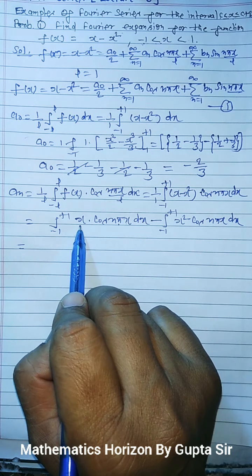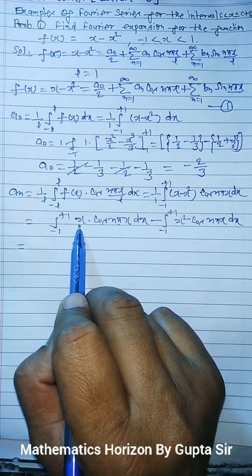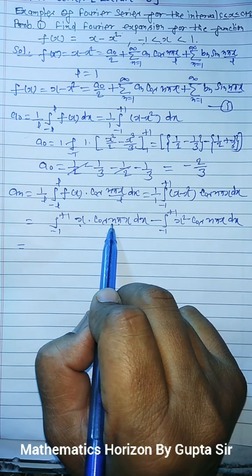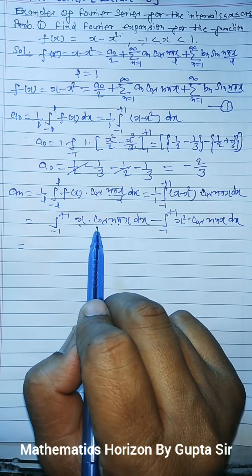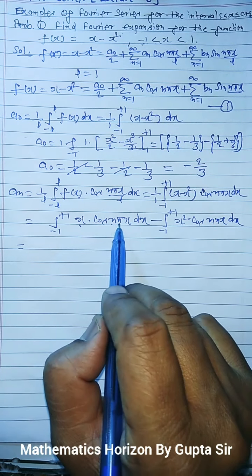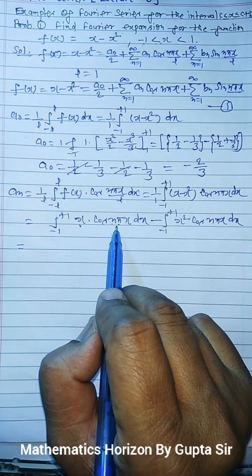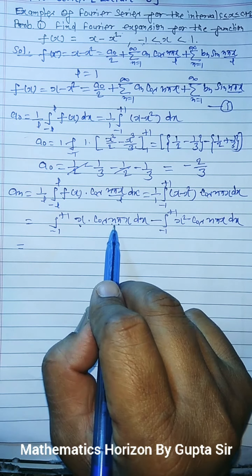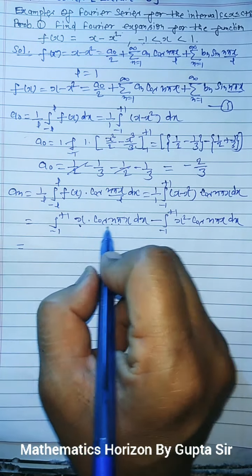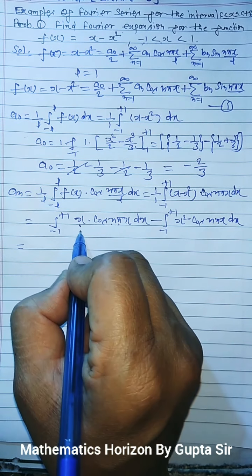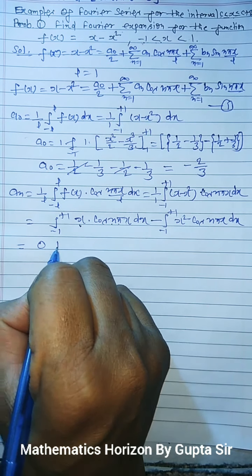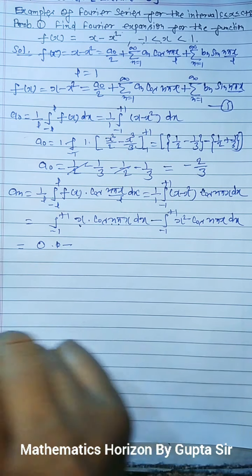When we put x equal to minus x, this is an odd function and this is an even function, which means the product of an odd function and an even function will be an odd function. Here we can directly use the property of definite integration: this integration will be 0.